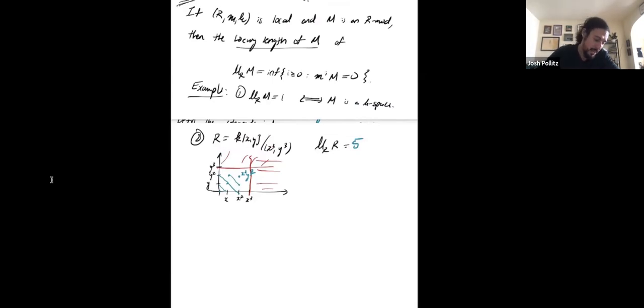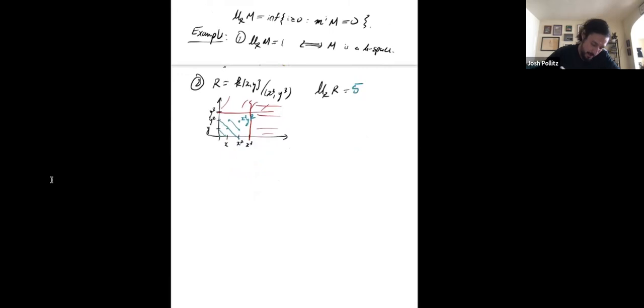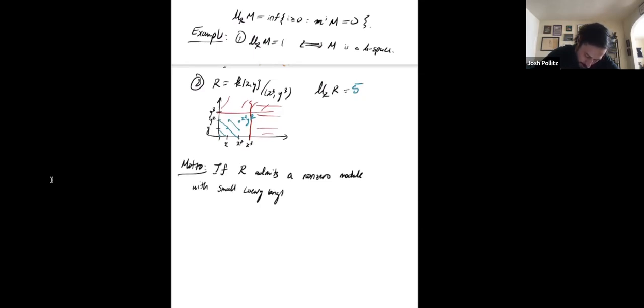Okay, so let me state, or this is kind of not really precise mathematics, and then I want to state a theorem. So the motto is that if R admits a non-zero module M with small Loewy length and finite projective dimension, then R should be suitably nice.